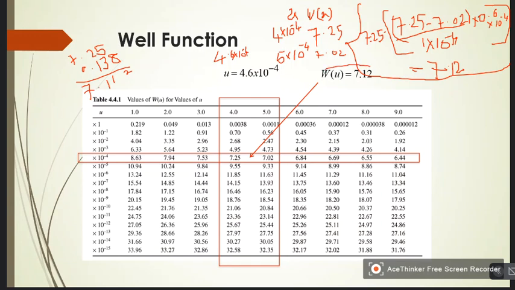So he has rounded it, and 7.2 has been obtained. So this is how we get the value of WU corresponding to the given values of R and T.